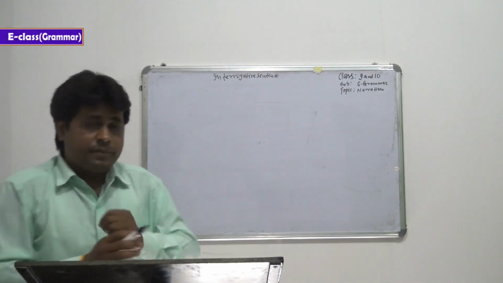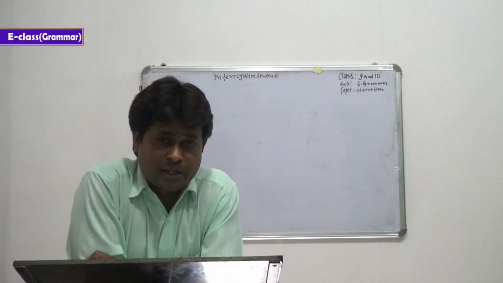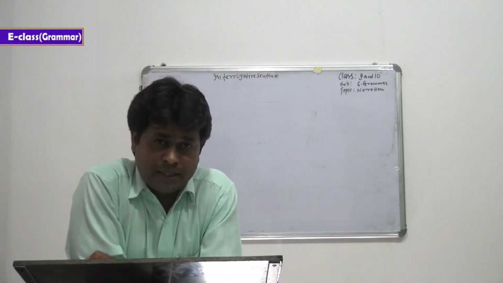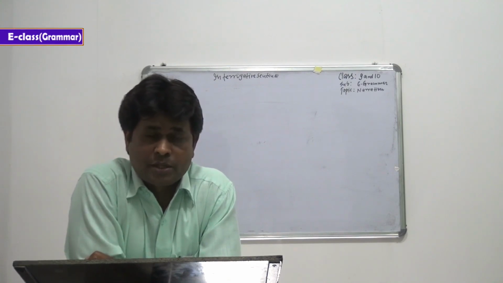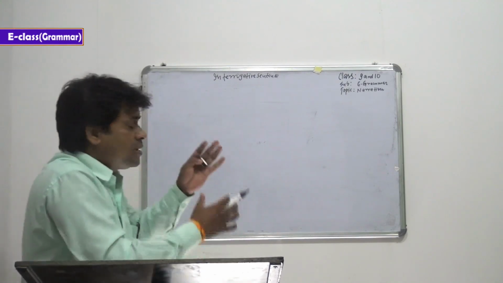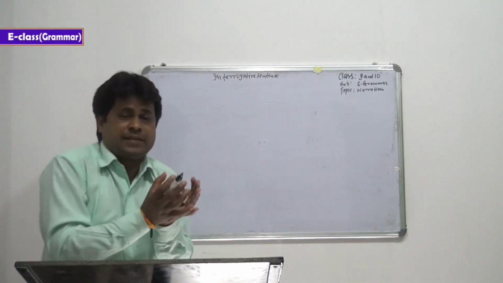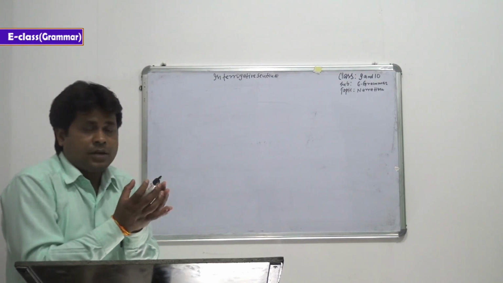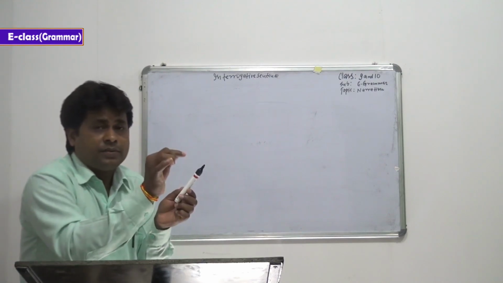Before talking about the change from direct to indirect of interrogative sentence, I think it is better to talk on interrogative sentence first. What is an interrogative sentence? How to recognize it? How to find whether this is an interrogative or others?